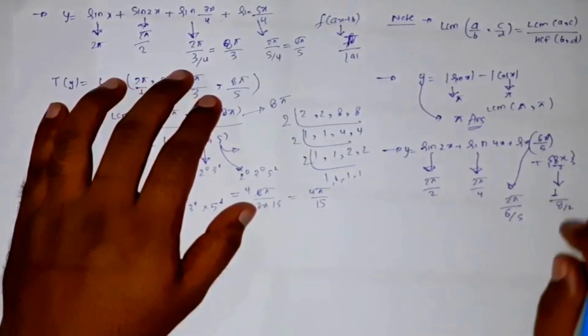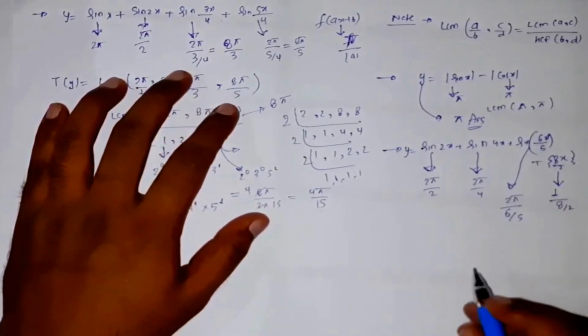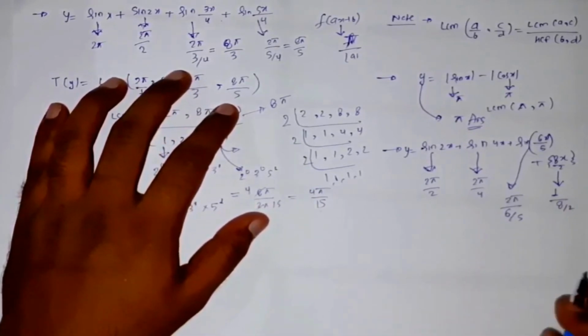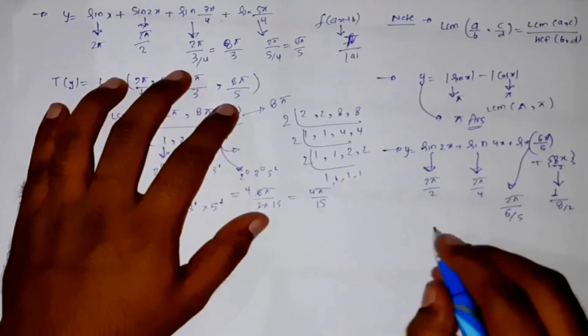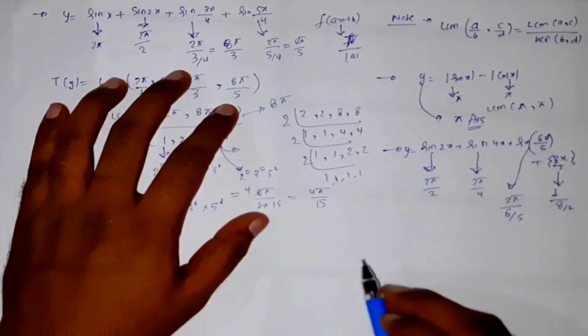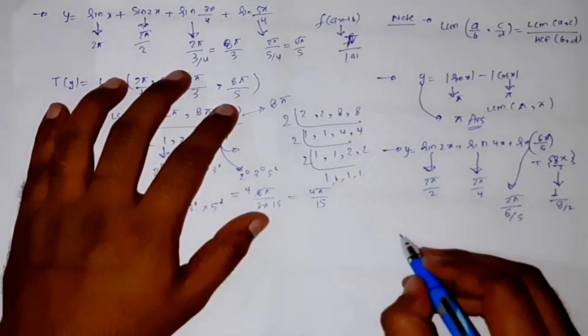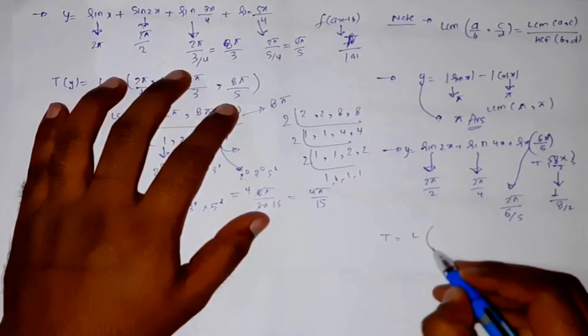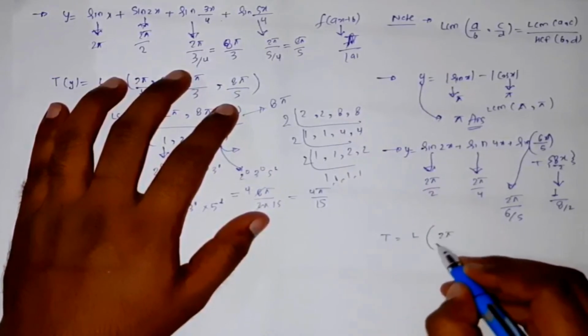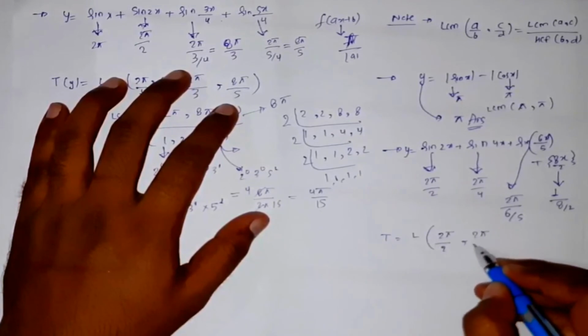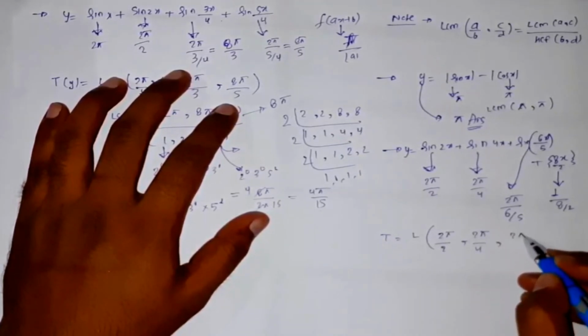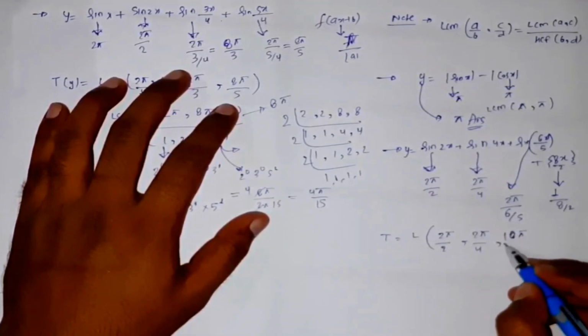Okay, so what we will do, we will simply take the LCM of each and every one. Okay, so here T will be LCM of 2 pi by 2, 2 pi by 4, 2 pi by 6 by 5, 1 by 8 by 2.